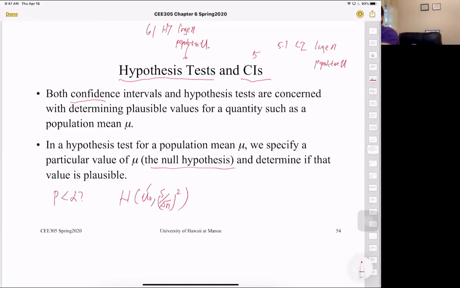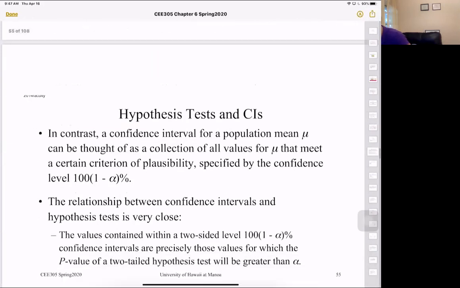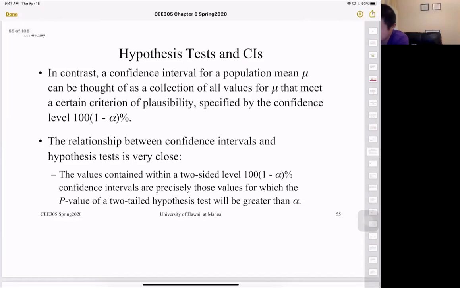Confidence interval, for example, for population mean, can be seen as a collection of all values for mean value that meet a certain criteria of plausibility.